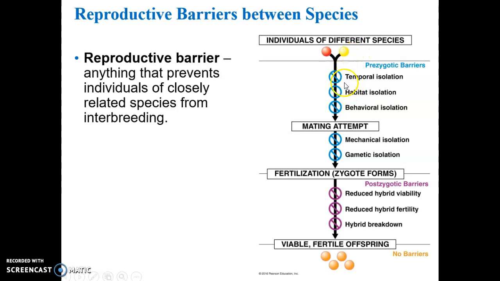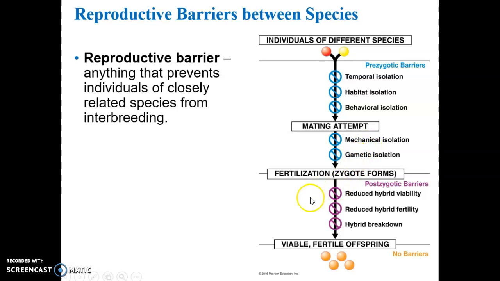If those reproductive barriers prevent mating, they are called prezygotic barriers. In other words, these are barriers that occur before the fertilization of the egg, because a zygote, if you remember, is a fertilized egg. And even if there is a mating attempt, there are still some prezygotic barriers that prevent the egg and the sperm from fusing.